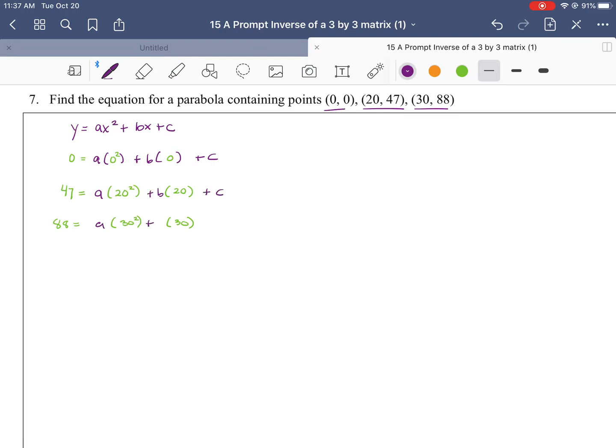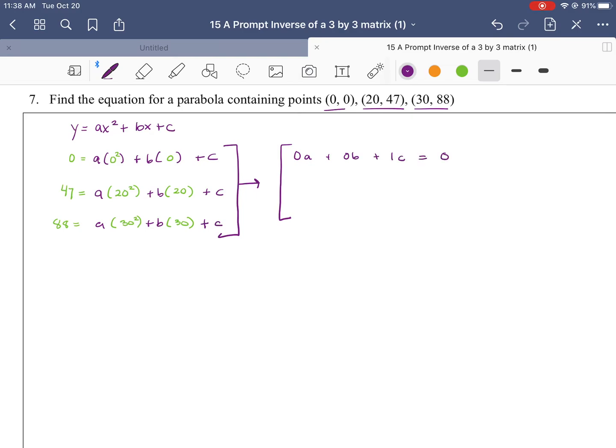We are not sure what our coefficients are, so we'll be using matrices to find those. And they are A, B, and C. So we can rewrite this as a matrix. And we can have 0A, 0B, and 1C equaling 0.